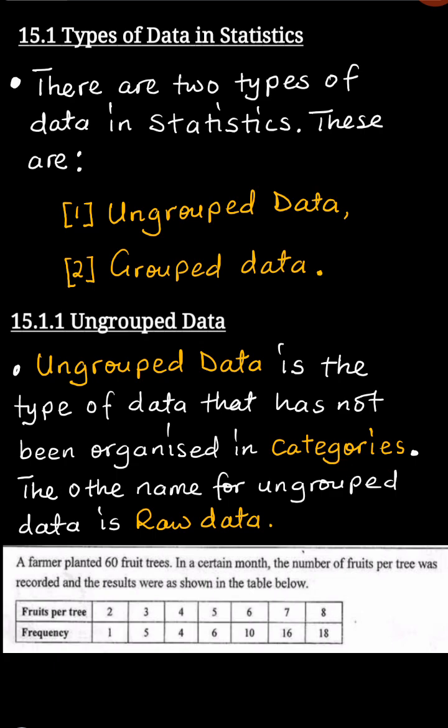So, whenever you look at a table that contains data and that data has not been organized or grouped in categories, just know that you are dealing with ungrouped data. Ungrouped data is also known as raw data.